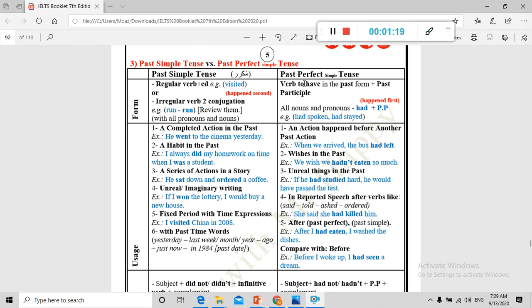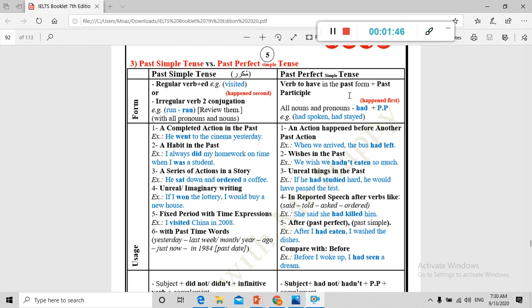I'm talking about past perfect and comparing it to past simple tense. As you know, in past simple tense we use verb 2, but here I'm concerning the form. In past perfect, we will use the verb to have in the past form, which is had, plus past participle. Past participle, which means what?